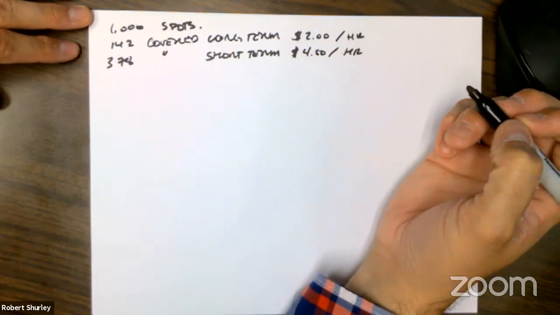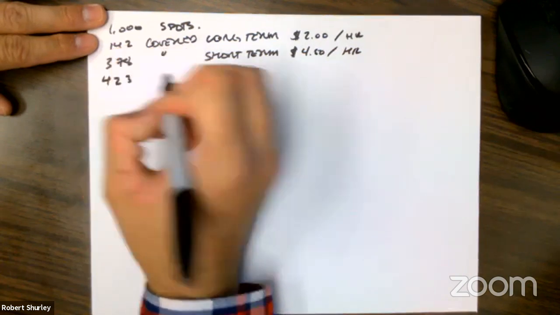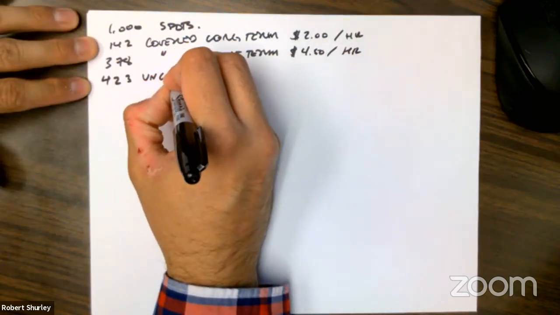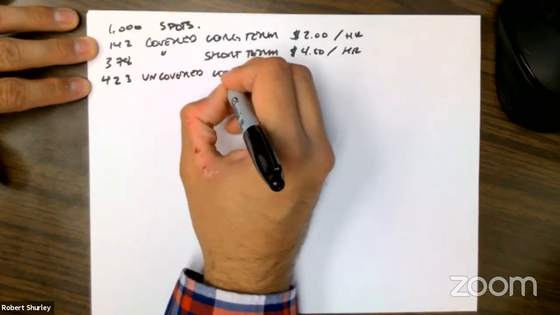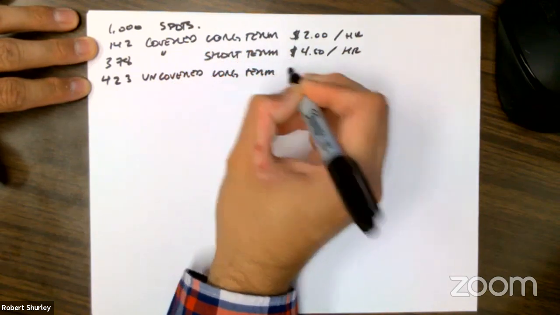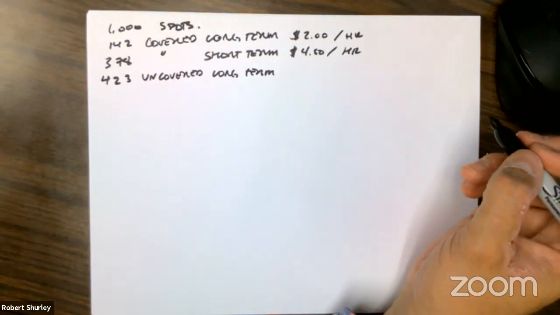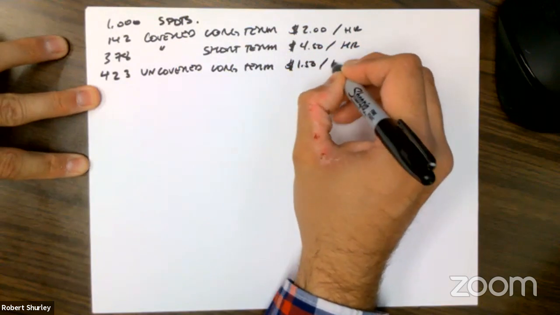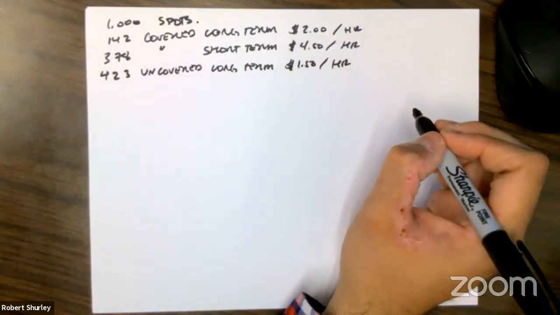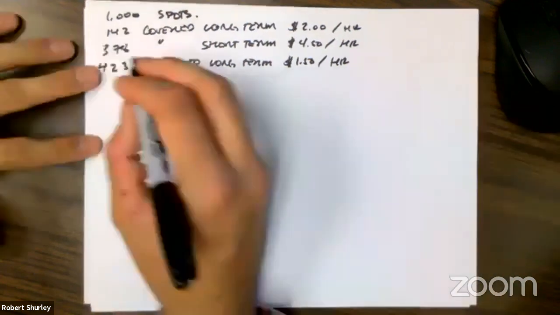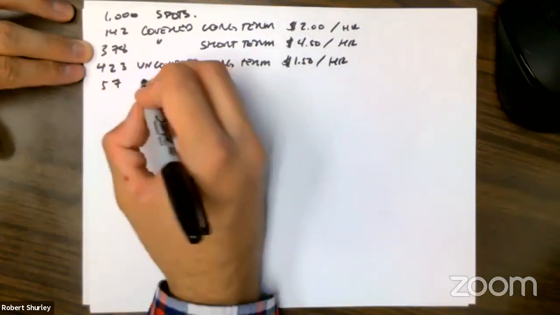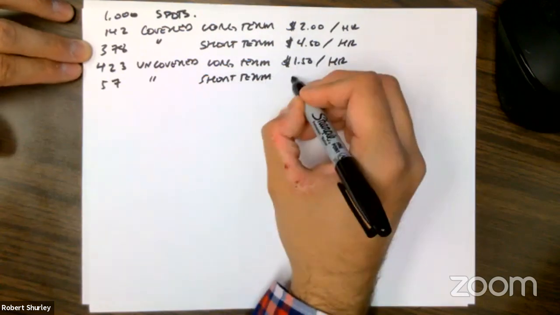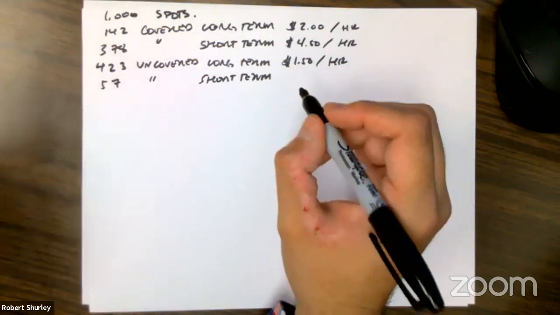Okay, 423 are uncovered long-term, and uncovered long-term is $1.50 an hour. And 57 are uncovered short-term. So only 57 are uncovered short-term, and they are $4 an hour.